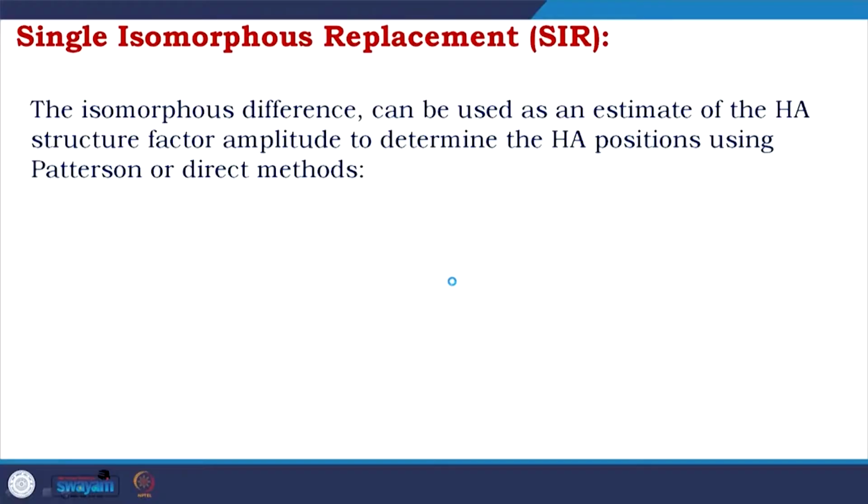Coming to the single isomorphous replacement or SIR method, the isomorphous difference can be used as an estimate of the heavy atom structure factor amplitude to determine the heavy atom position using Patterson or direct methods. FH equals FPH minus FP.